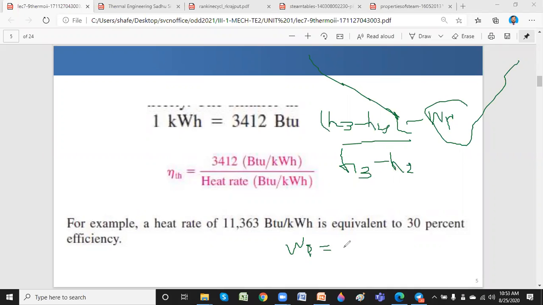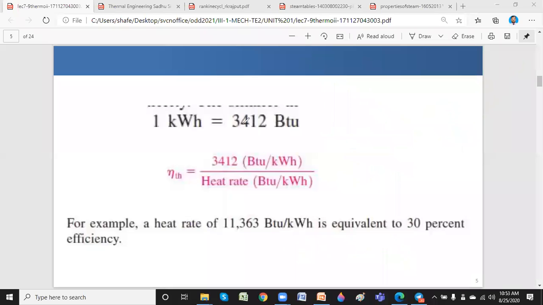Now finally, you can see the efficiency formula: H3 minus H4 minus H2 minus H1, divided by H3 minus H2. So that gives you the efficiency of the Rankine cycle.